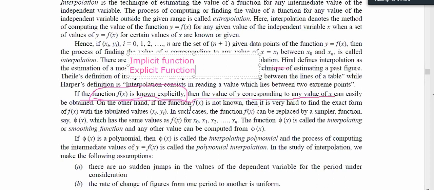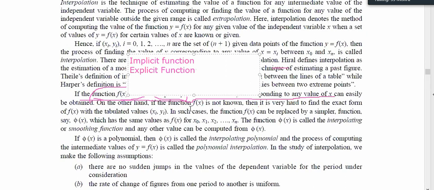So what is an explicit function? I write here y = x square + 2x + 25.